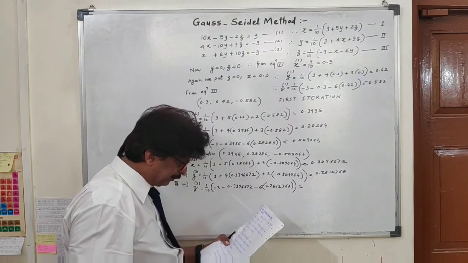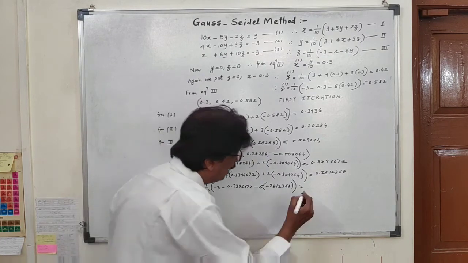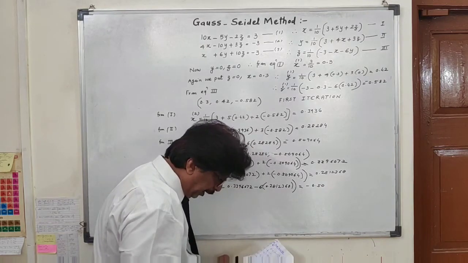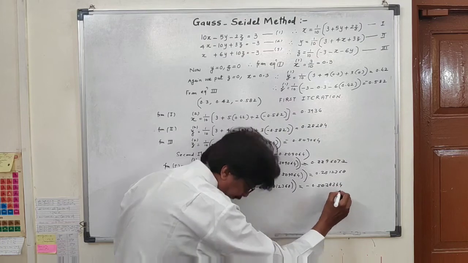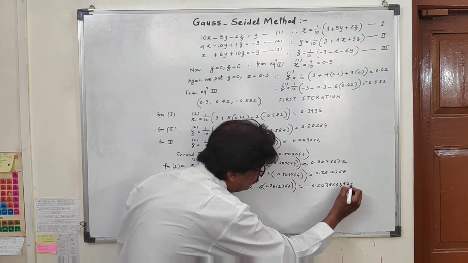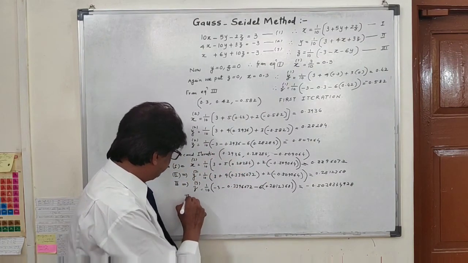Calculate on calculators. The third iterated value of z is minus 0.50383494. So this is the third iteration.